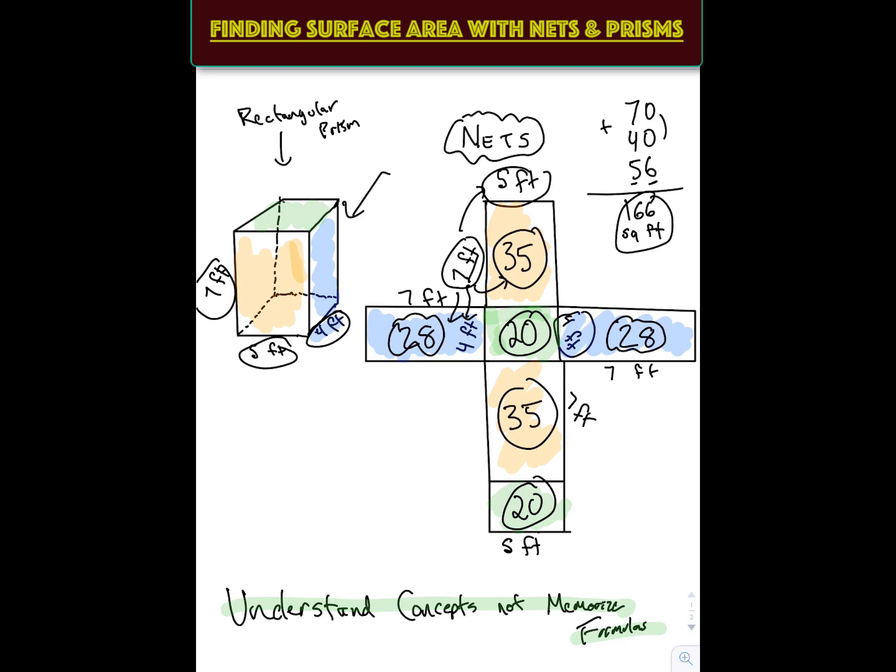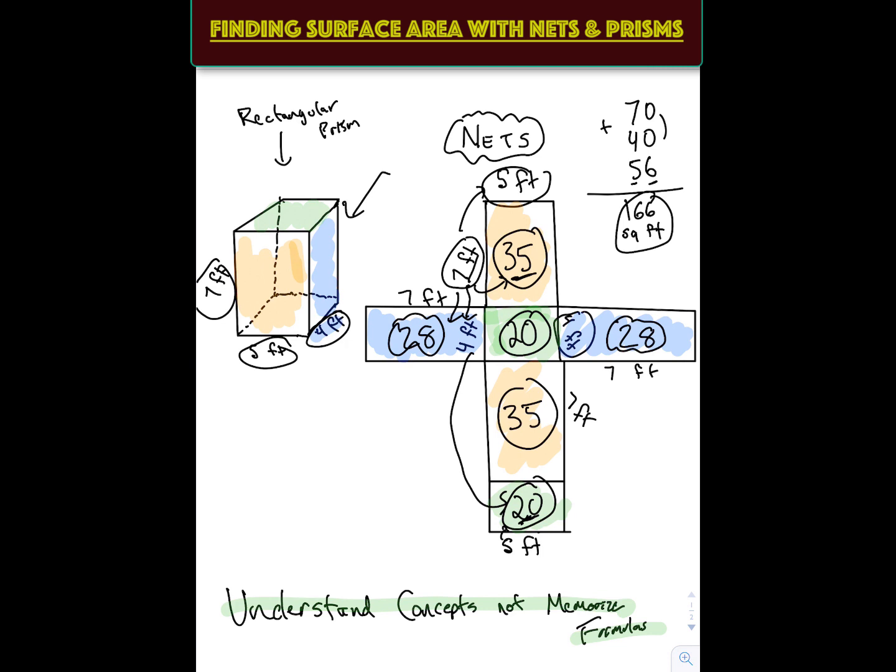Okay? The 4 was also used twice. It was used with the 7 to make 28, like I just showed there, and then also with the 5 to make 20 down there. Lastly, 5 was also used twice to make the 20 that we just mentioned, and to make the 35 that we mentioned earlier to go along with the 7.